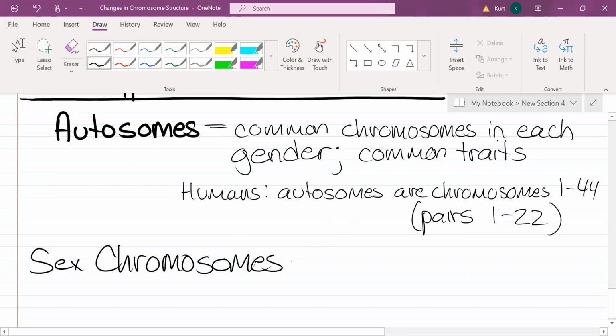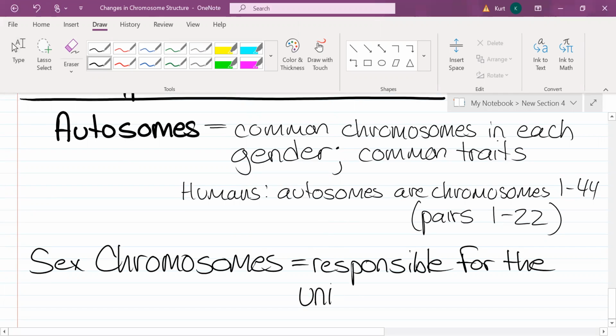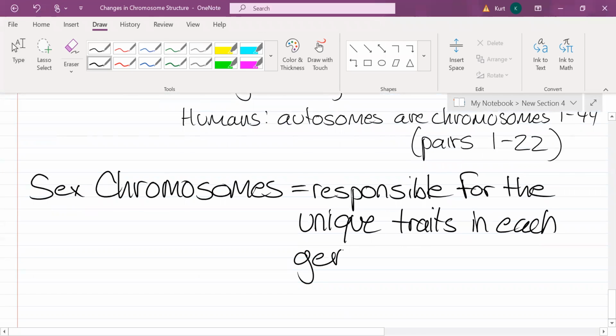Sex chromosomes are responsible for the unique traits in each gender. You know, males and females obviously have the same stuff going on.